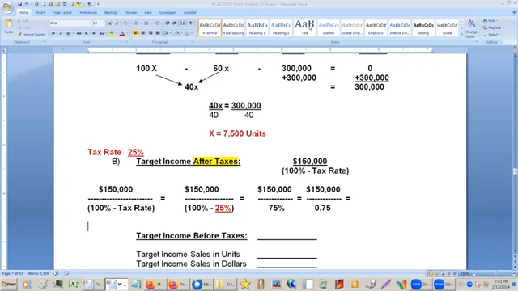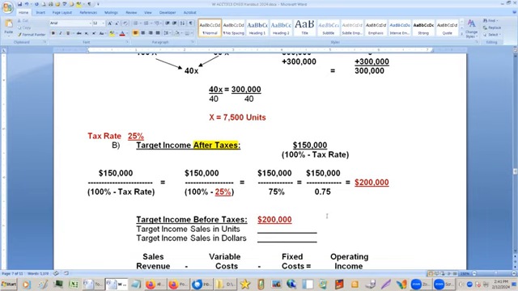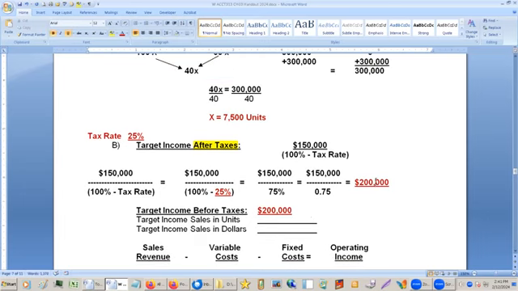Yep, very good. So this would be $200,000. So in other words, we have to make $200,000. And if you think about it, the government's going to take 25% of that, so we'll be left with the 150,000. So, long story short, what we need to do is make 200,000 because the government's going to take 25% of that, and we're going to be left with the other 75%, which is, sorry, 150,000. What's left over. So we need to make $200,000 before tax to have $150,000 after tax.